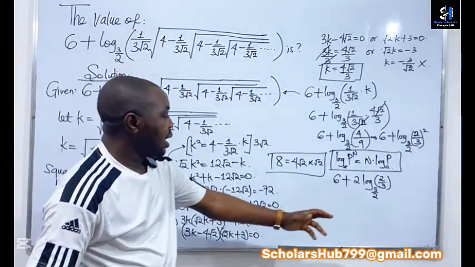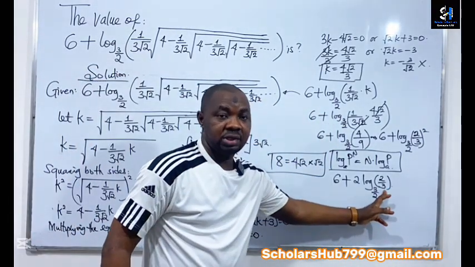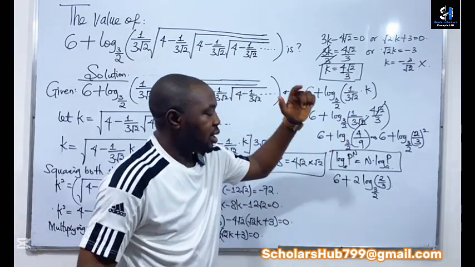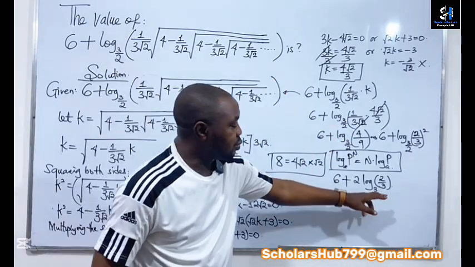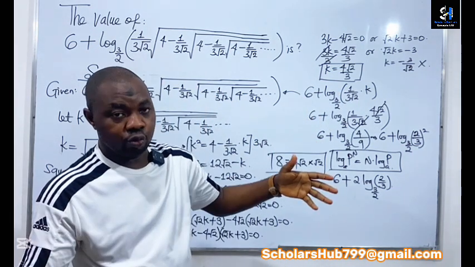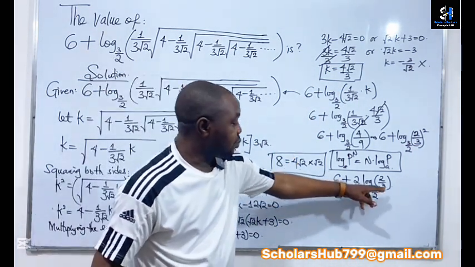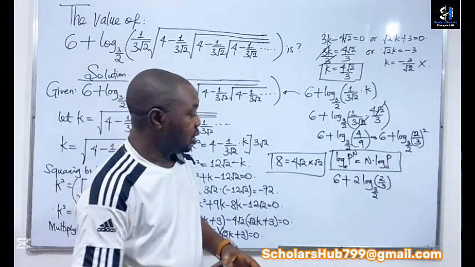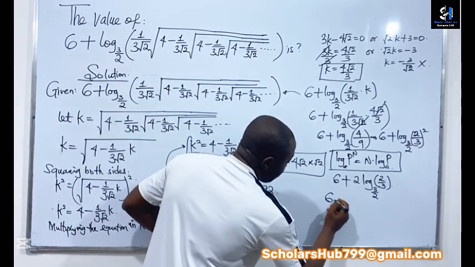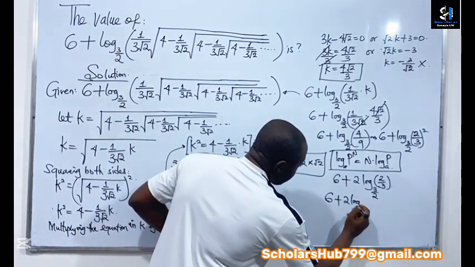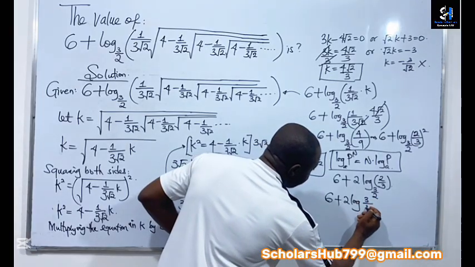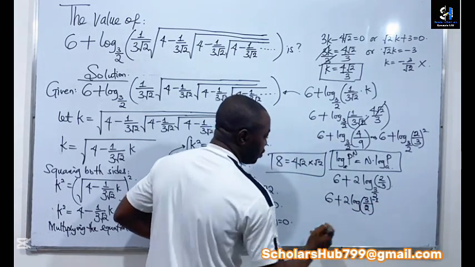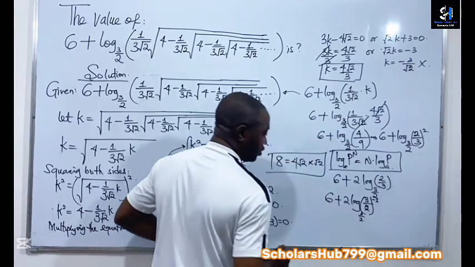Now I can flip this, because the reciprocal of 2 over 3 is 3 over 2, which is the same as writing 2 log of 3 over 2 raised to the power of minus 1 to base 3 over 2.